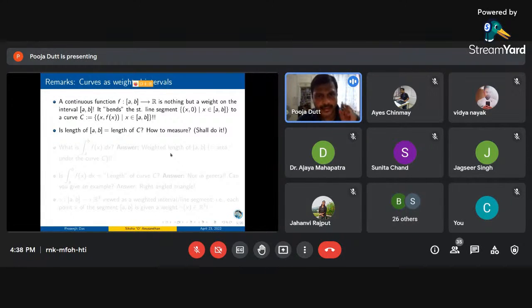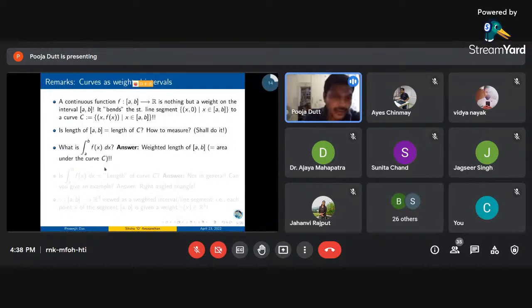If I say that this interval is weighted by f, so for the function f you are thinking an interval AB is weighted, then what is the meaning of the integration a to b f(x) dx? For sure, if you translate along that line, it will be the weighted length of the interval AB, which you know as the area under the curve x, f(x).